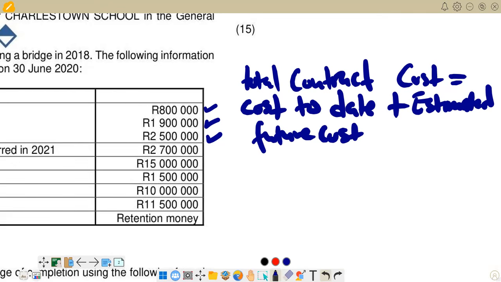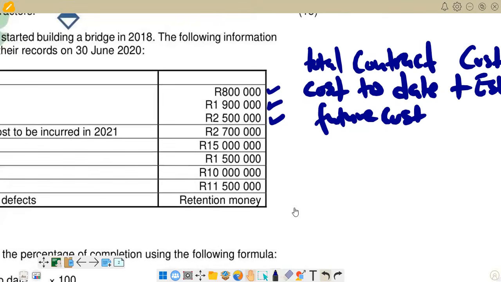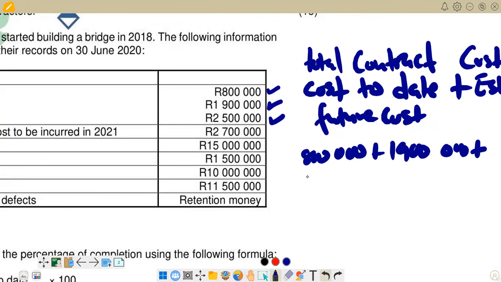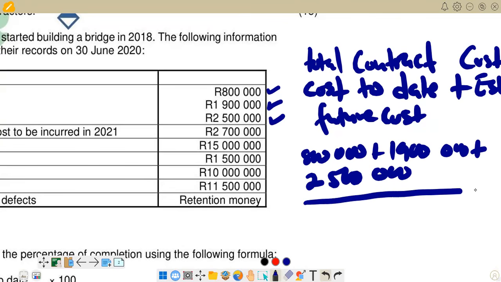So for the numerator, remember we said we are going to add those three: 800,000, then we add 1,900,000, and then we also add 2,500,000. Then this is going to be our numerator.